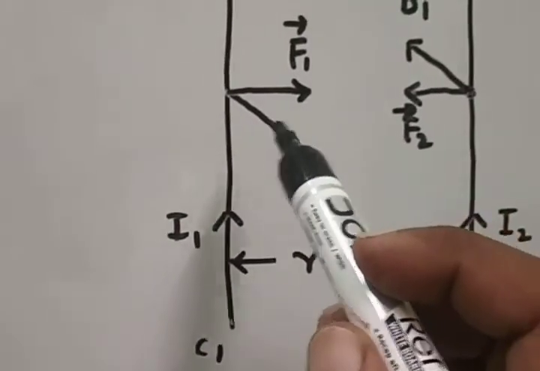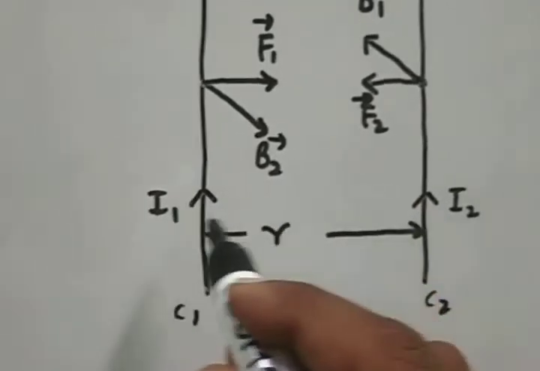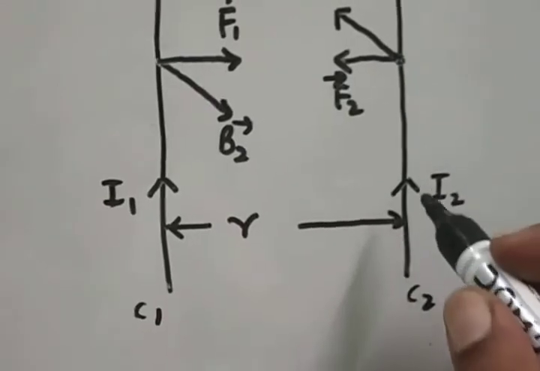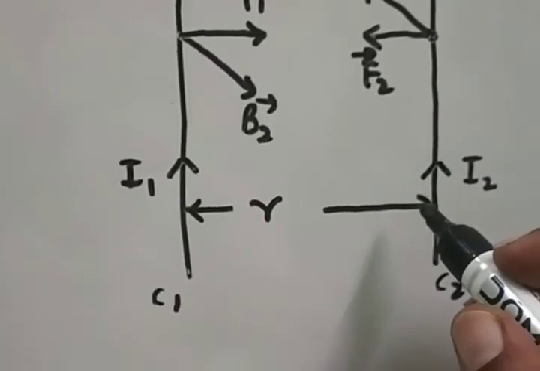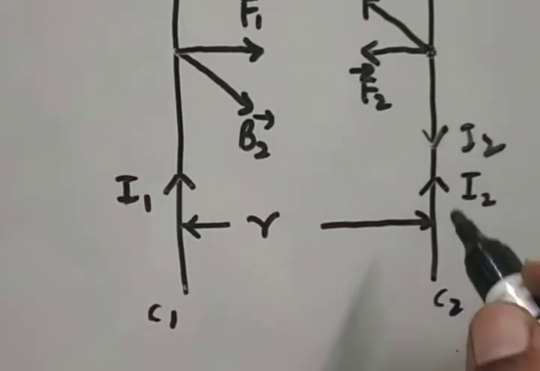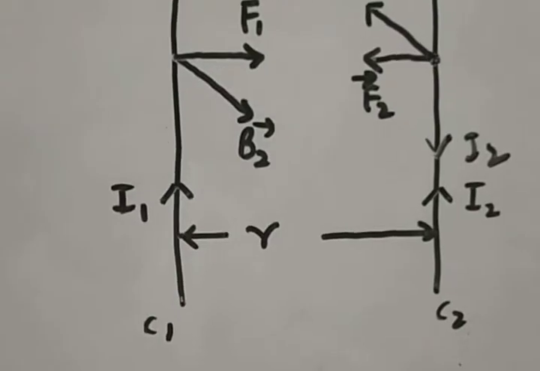If we take the second case when the currents are in opposite direction, so suppose we say the current in the second wire is this direction, so the situation will be different now.